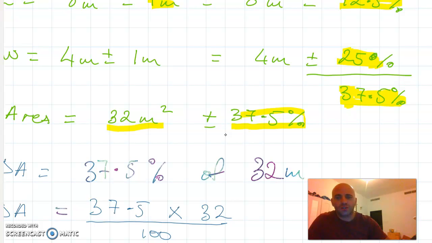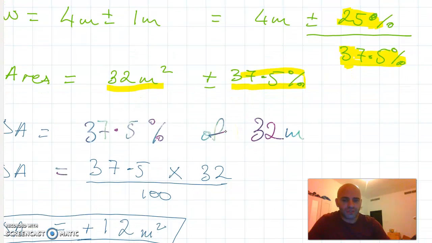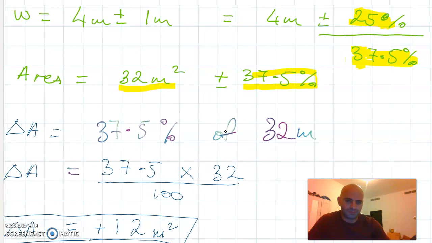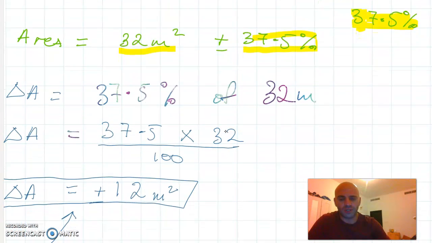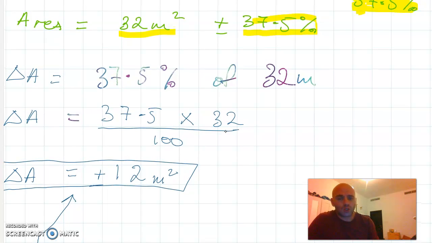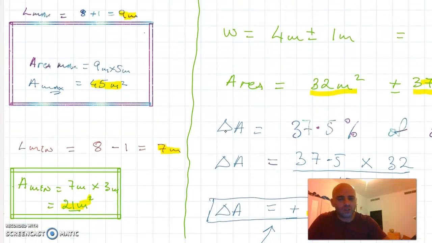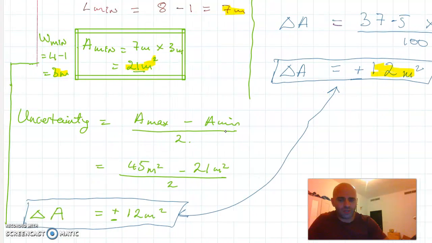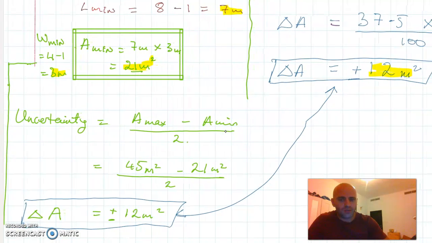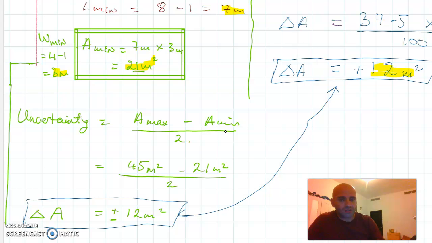You just multiply 37.5 times 32 divided by 100, and that gives us 12 meters squared, which is exactly the same as what we got doing it the other way. So hopefully it makes a bit of sense to you. Regardless of whether you take the maximum minus the minimum divided by 2, or you simply add the percentages, you should get the same thing.